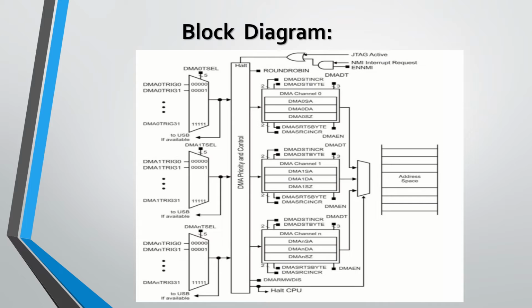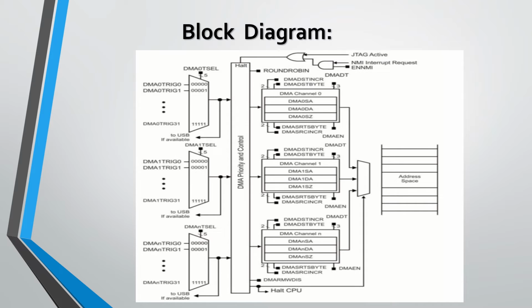And the DMA controller has some other registers, which is DMA destination increment. This selects automatic increment or decrement of the destination address after each byte or word transfer. When DMA destination byte equals 1, the destination address increments or decrements by 1.